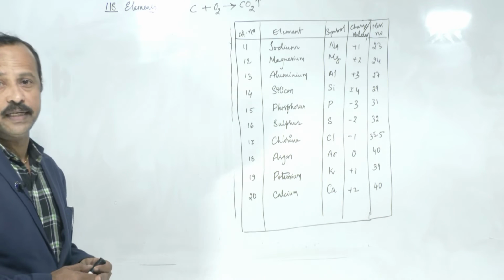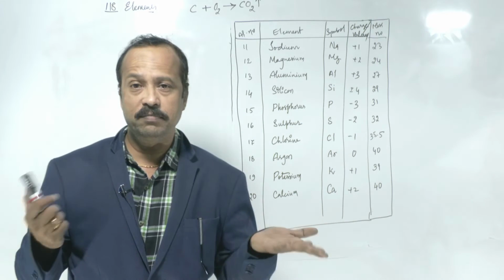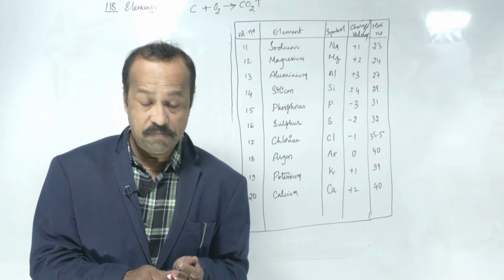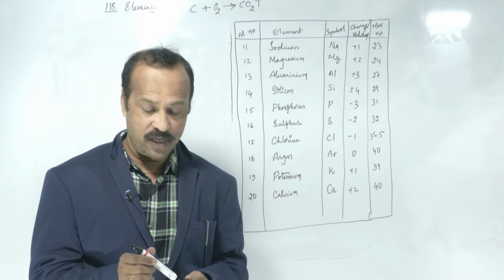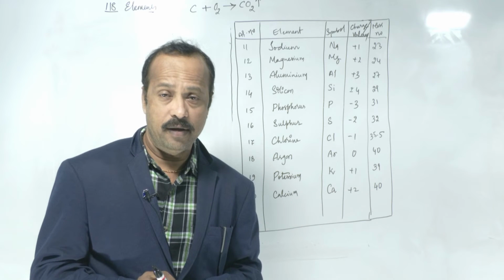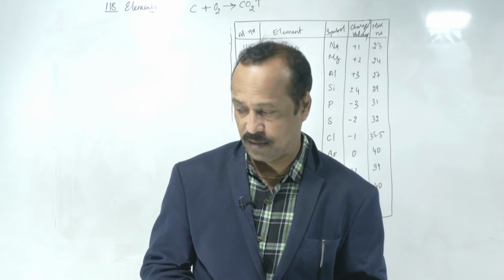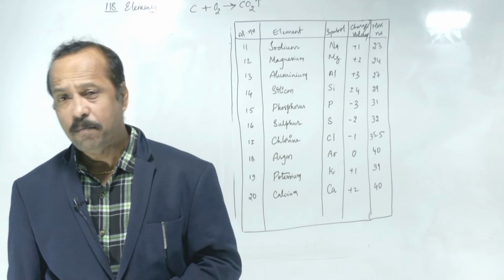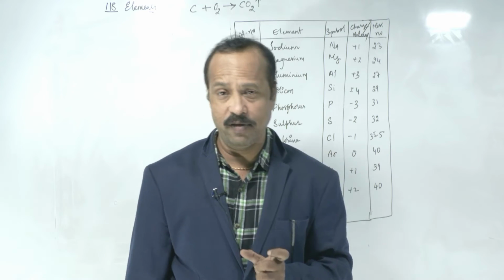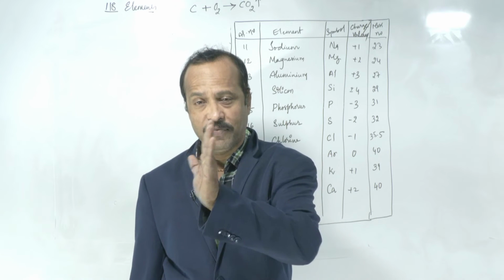Okay students, now see here, how the symbols are given. Symbols of the elements are given based on different factors. For example, most of the element symbols are given with their first letter.